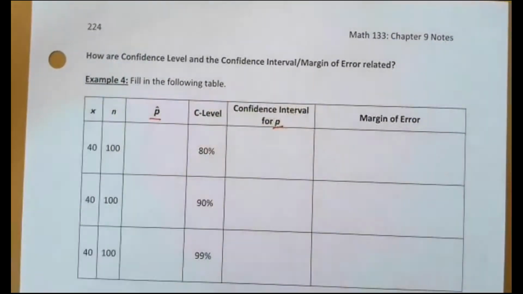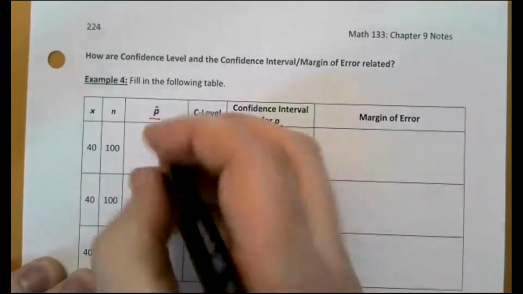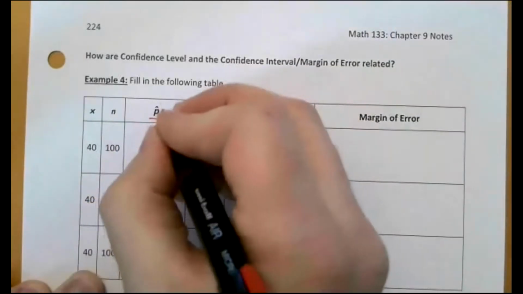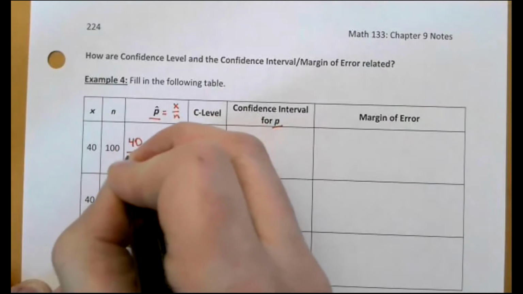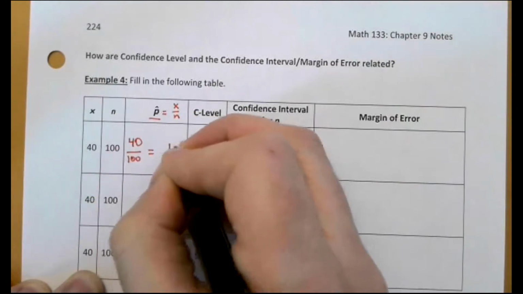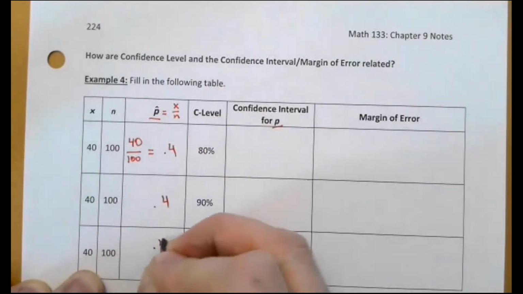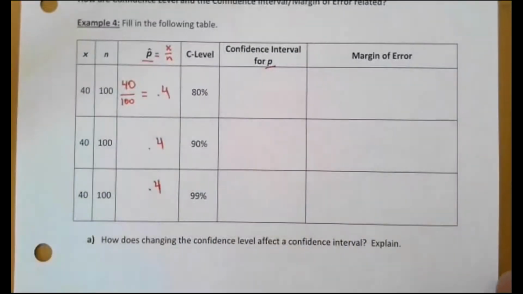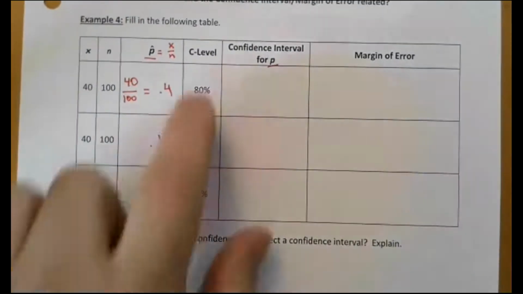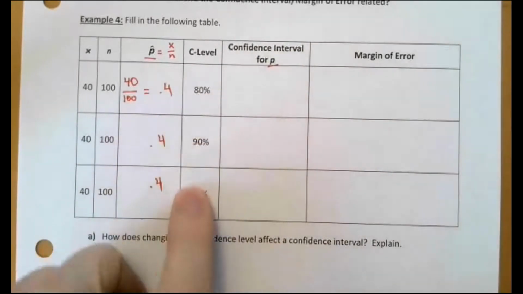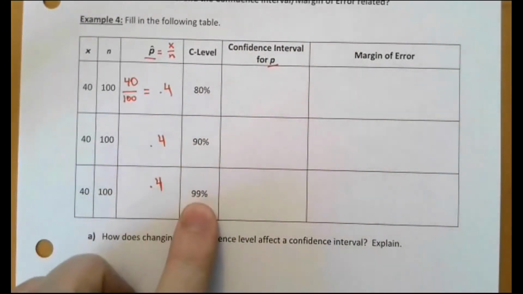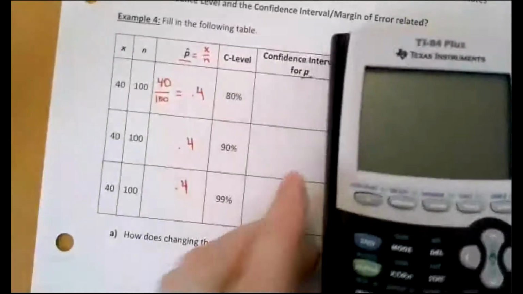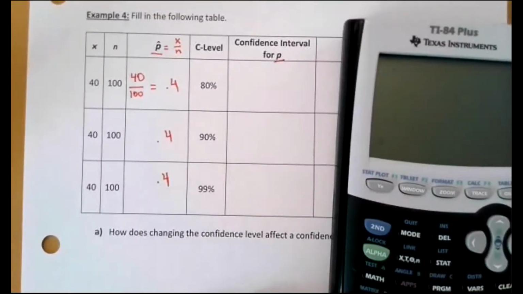I'm giving you an X and I'm giving you an N. Recall that P hat is equal to X divided by N. So these are all 40 over 100, which they're all 0.4. So I'm fixing the P hat, the point estimate, but notice I'm now changing the C level. So I'm starting at 80%, then 90, then 99. And I just want you to calculate 3 confidence intervals just like before.